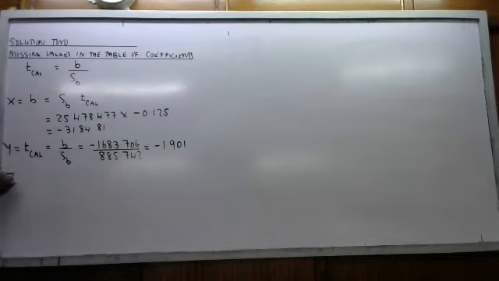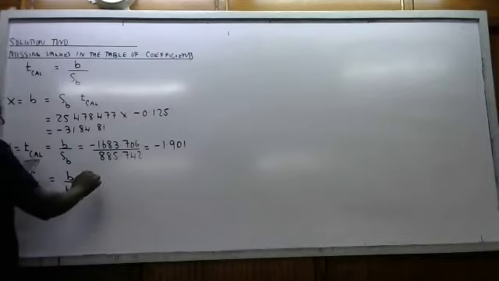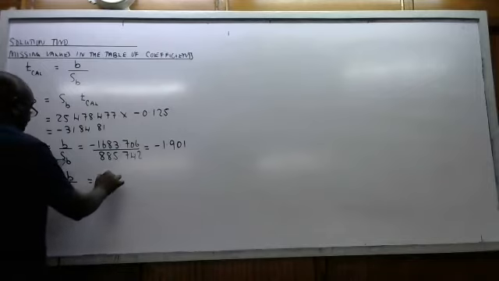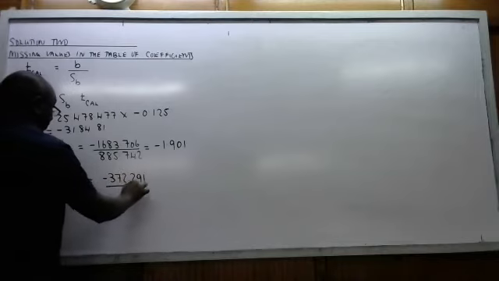Okay, let's go to Z. Z is who? SB. So how do you get SB in this formula? It will be B over T calculated. So B is minus 372.291.